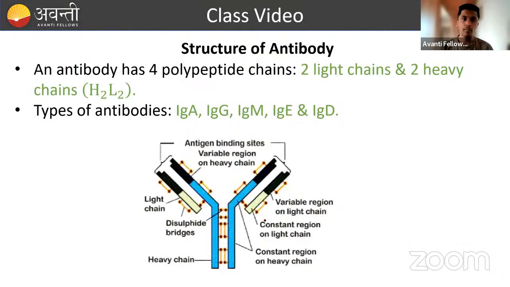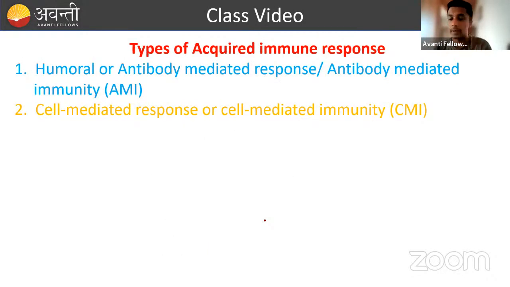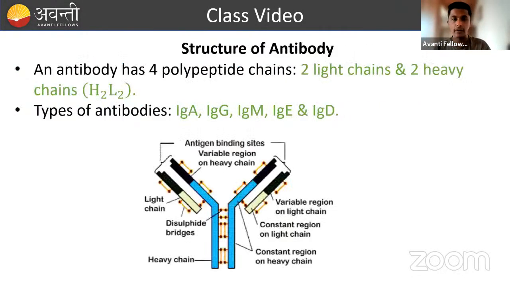Now, as we were talking about B lymphocytes, I mentioned that they produce something called antibodies. So let us see what an antibody is before we understand this specific immunity.